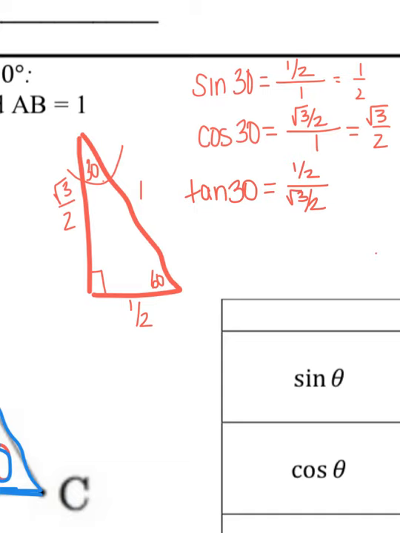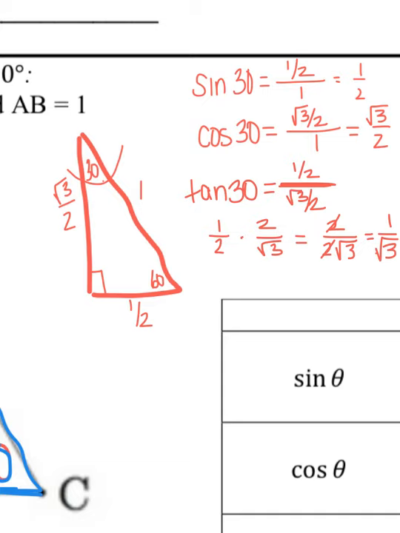So you keep the top fraction, change the division to multiplication, and you flip the bottom fraction. And then you multiply across, you get 2 divided by 2 square root 3. The 2's will cancel, so you get 1 divided by the square root of 3. Tangent of 30, me showing you, is the most amount of work, I promise.